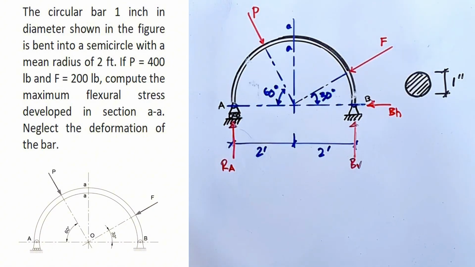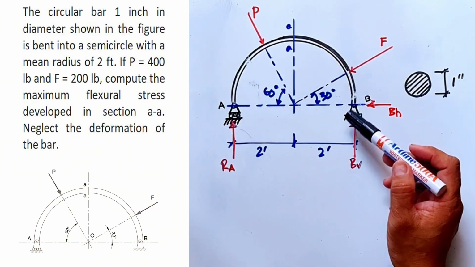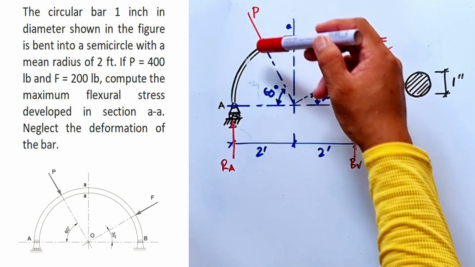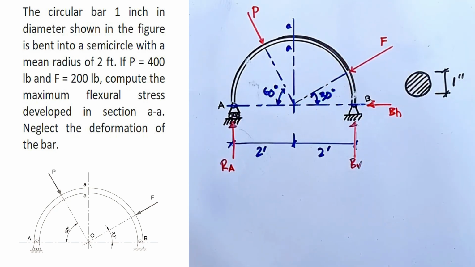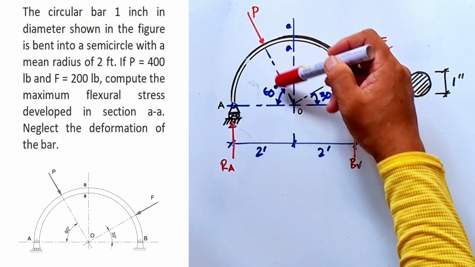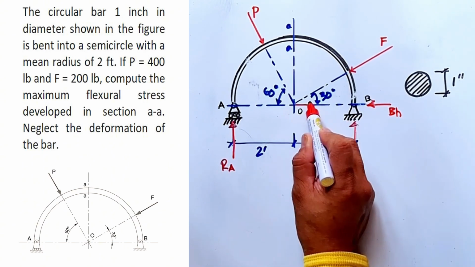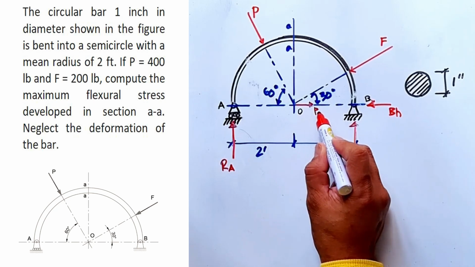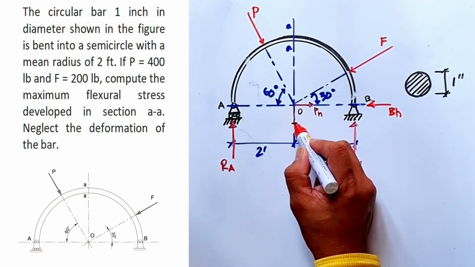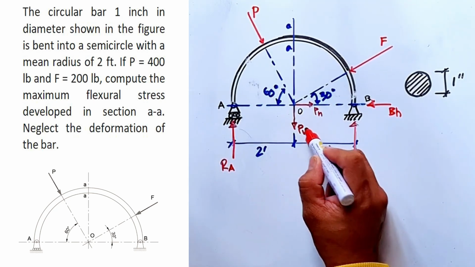To solve the reaction RA, we need to sum up moment at point B. P and F will pass through this point, which is point O, so we will resolve the components of force P and F at O. We will have the horizontal component of P and the vertical component of P, let's call that PV.